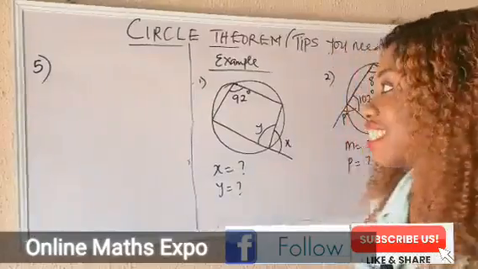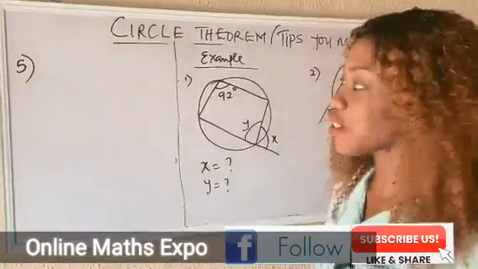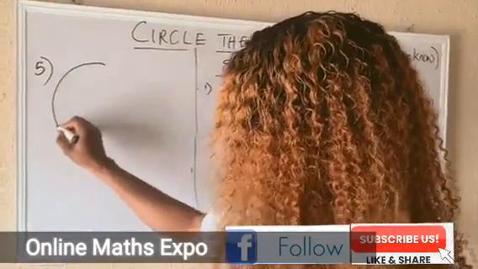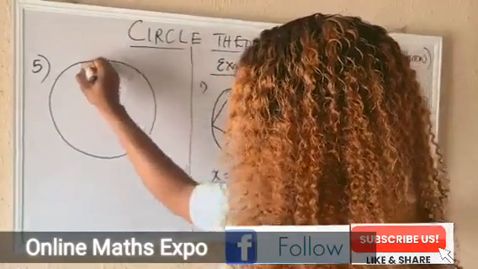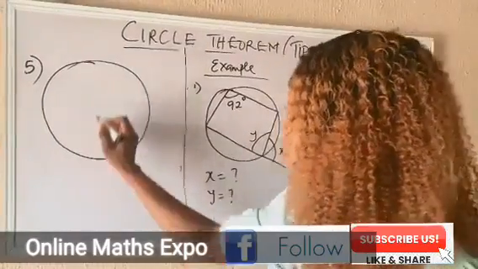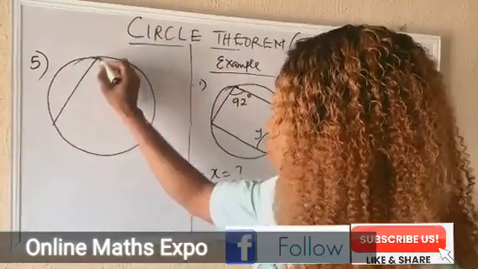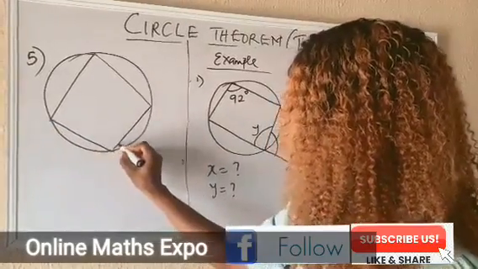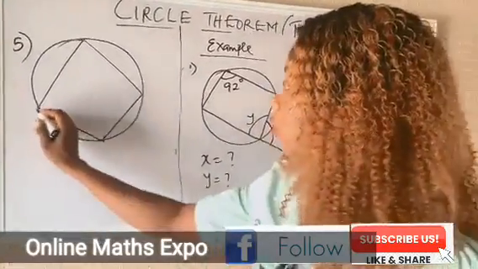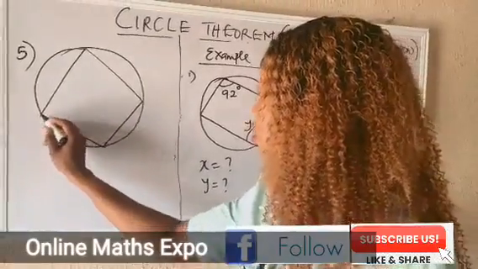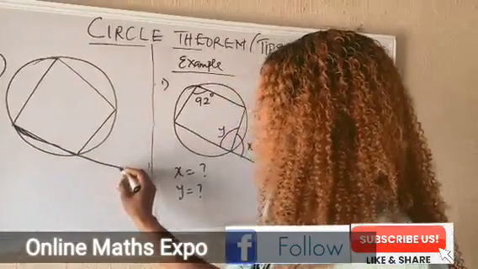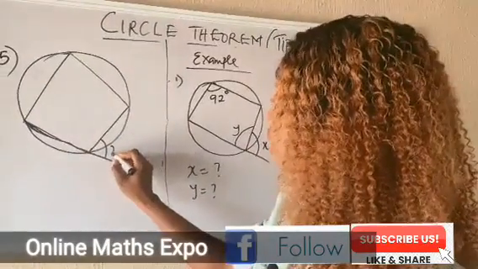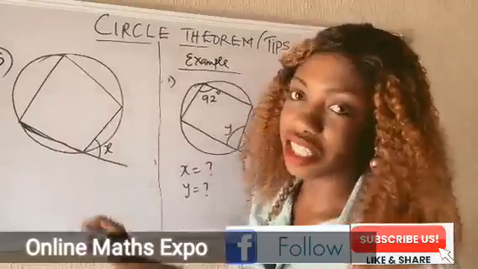Let's look at another theorem, that's theorem 5, and it says the exterior angle, this is an extension of theorem 4. Remember, this is a cyclic quadrilateral. So if I happen to extend this chord to form an exterior angle here, this exterior angle is equal to the opposite interior.